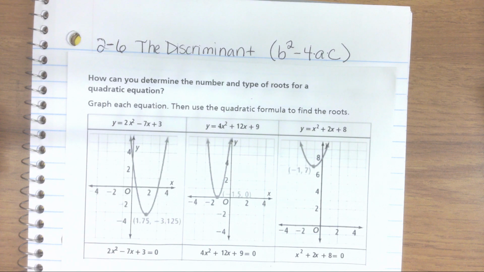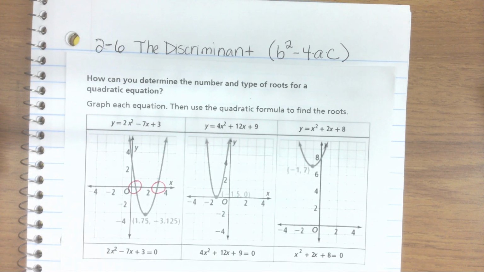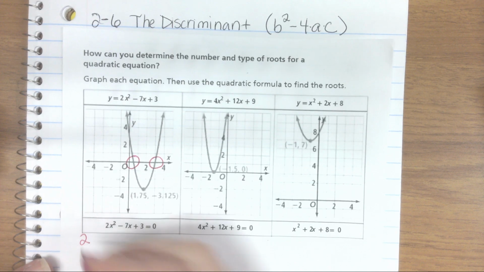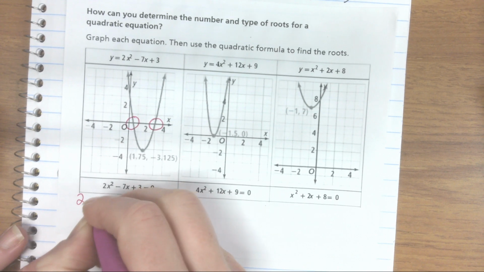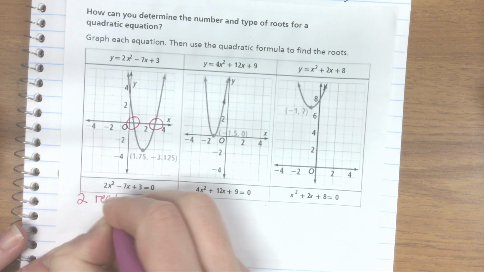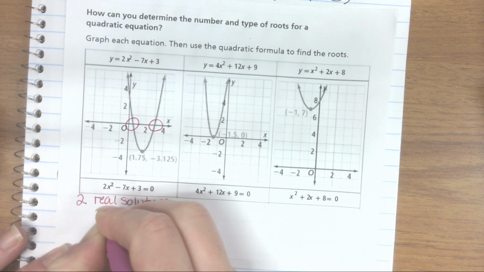Let's circle them. And so one of the things that could happen is it's possible that we call these zeros, but we also call them solutions. It's possible that there are 2 real solutions or x-intercepts.